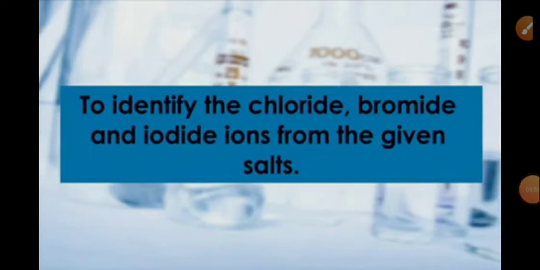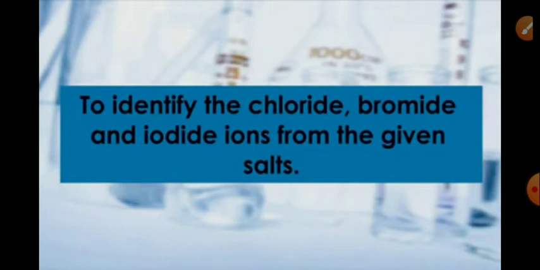So children, here we have seen what apparatus we need. We need apparatus like a test tube stand, dropper, etc., as well as some chemicals. These chemicals are silver nitrate compound, and 3 powders will be given to us.